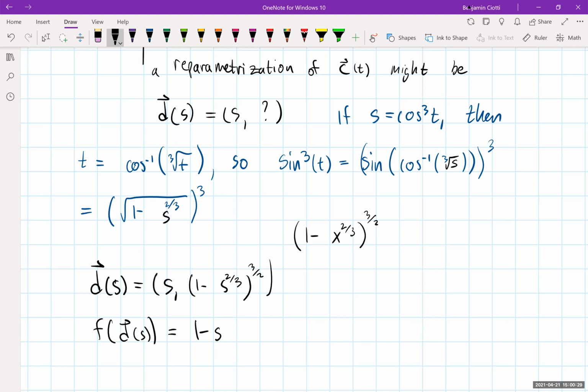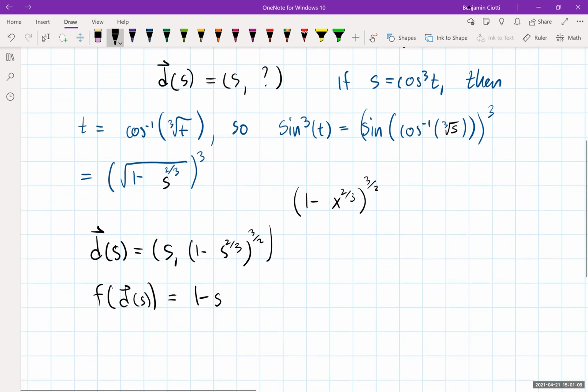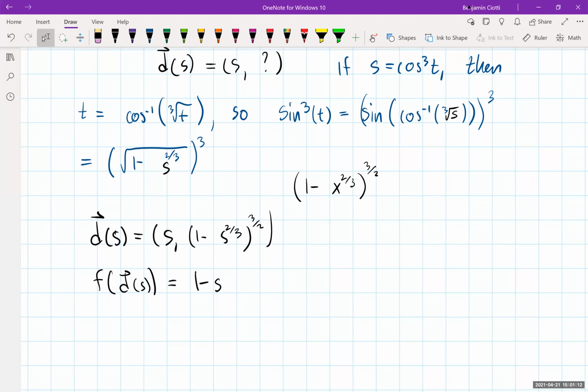We have to do a transformation. Let's see, the path length.